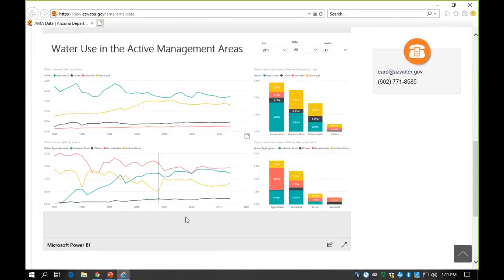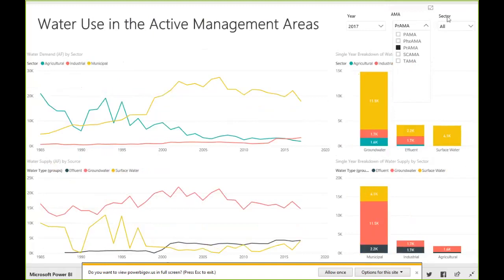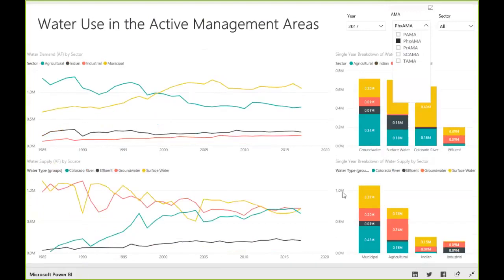But we have since expanded it to include an interactive dashboard that you can filter by each AMA to see the differences between different sectors and different AMAs. So we're really proud of the work we've done, and we are continuing to expand both these types of tools and additional tools, other data communication and data transparency efforts across the agency.